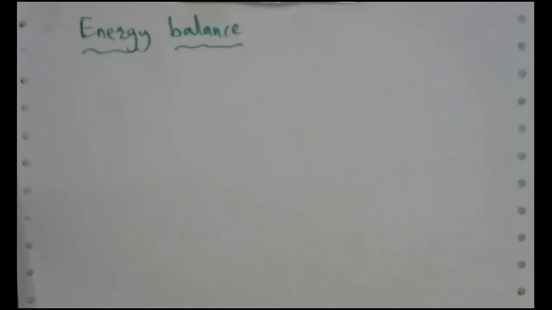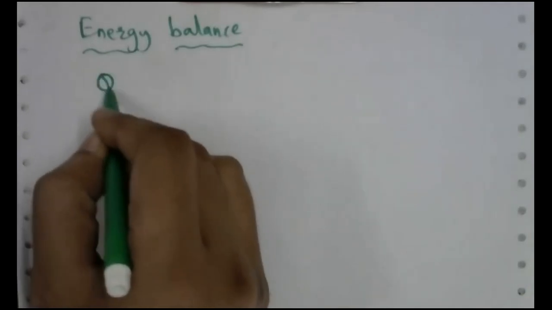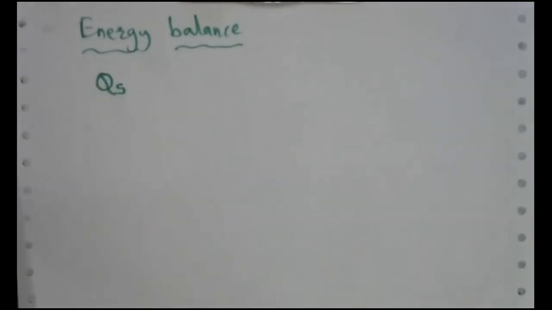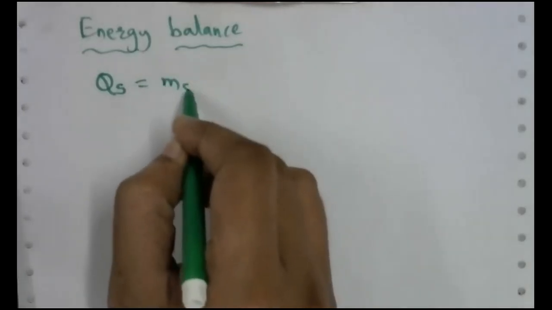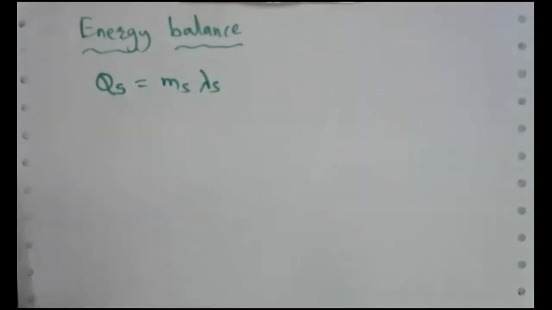So before that, we must know that with the help of this steam, we can write a simple equation related to steam, that is Qs is equal to Ms lambda S. So S stands for steam.